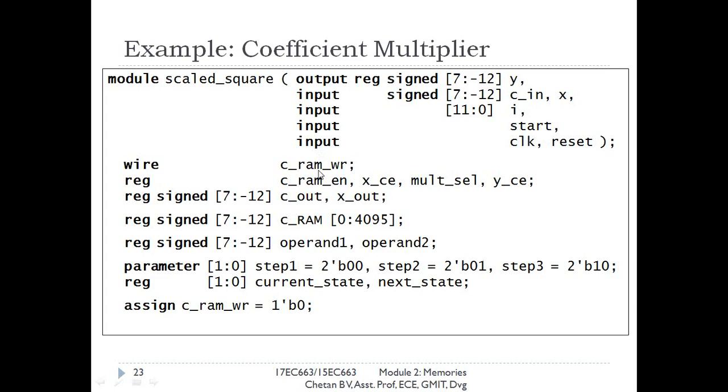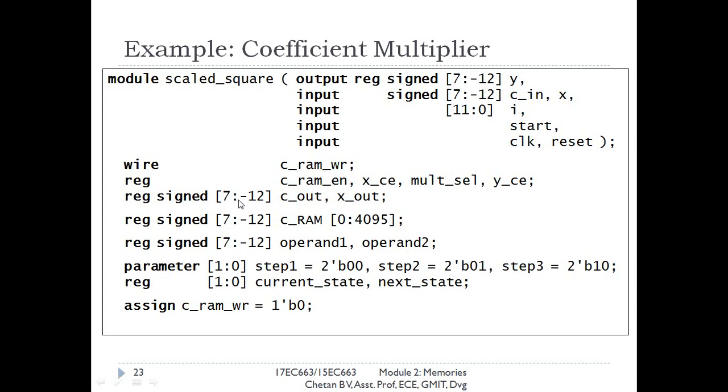Wire CRAM write. This is an intermediate signal which is used for the read and write operation. The data for this will be supplied by the control section. Register CRAM enable, X_CE, multiplication select, Y_CE: for all of these, the data will be supplied by the control section.